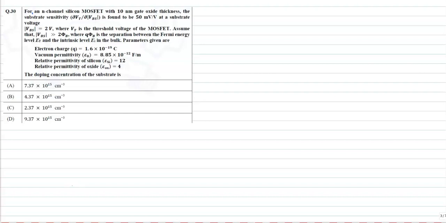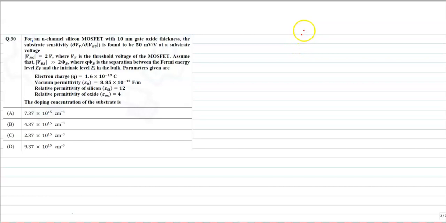If you don't remember the exact formula, even if I had appeared for GATE 2021, I could have left it for the next round of question solving, because I don't normally memorize all the big formulas, but definitely we can calculate it by applying certain easy formulas. We know that this is an n channel, so obviously the substrate is p, and if you know the structure of the NMOS, it looks like this.